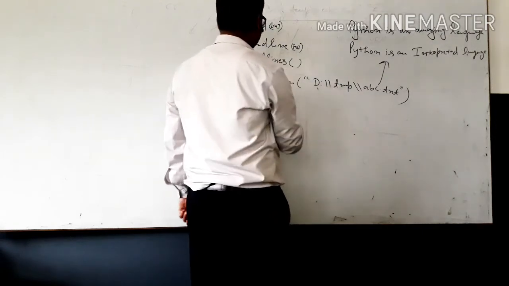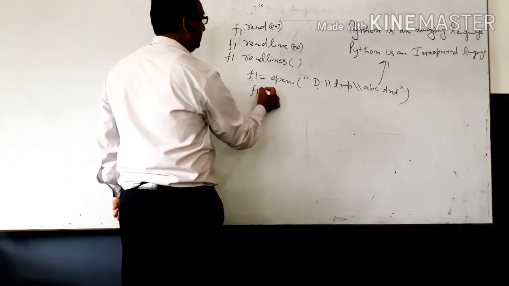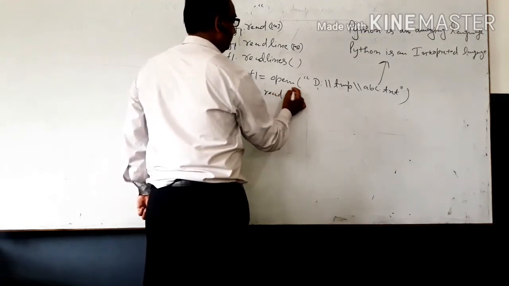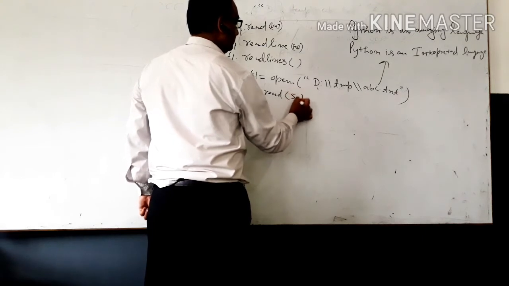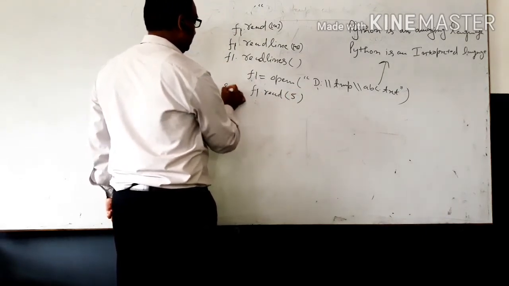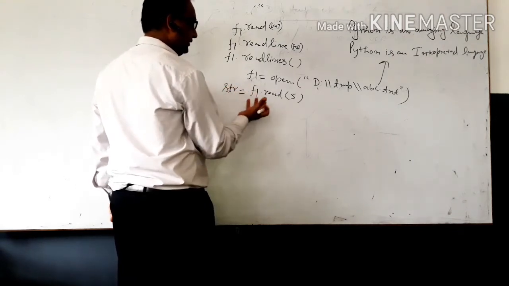So when you use the function, first f1 dot read, read the file and print. Now this is stored in a string variable, str.